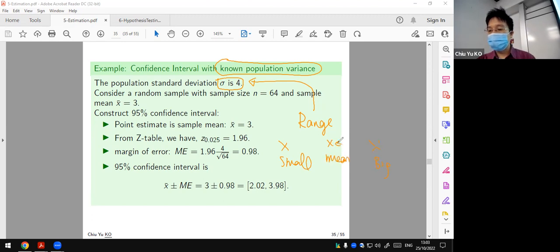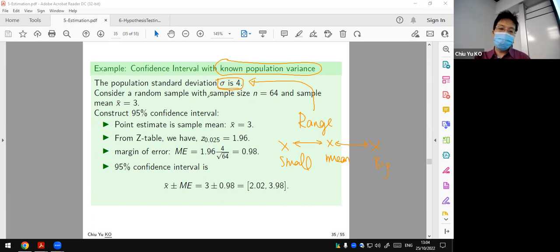Half of the range will be a good estimate for sigma. It gives you the upper bound, the biggest sigma you can imagine. If you want to estimate better, then we'll be a little bit careful. But there's no harm in making it larger.